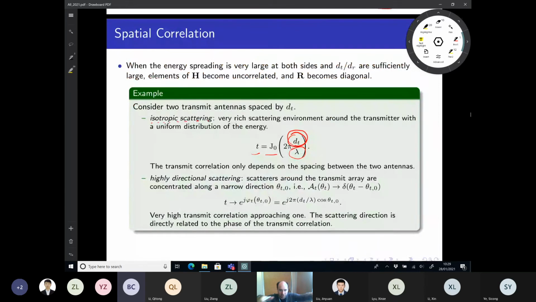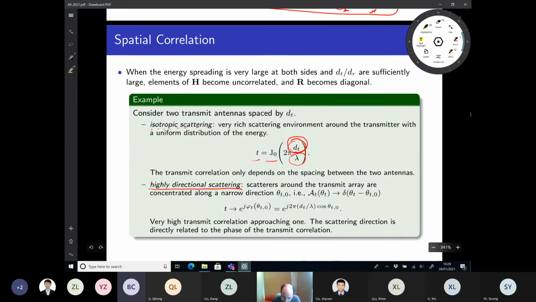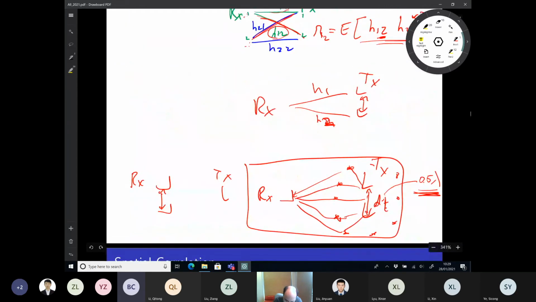This is really the handset case, because the handset is typically surrounded by many scatterers. Now, what if you have the opposite, highly directional scattering? It is the opposite scenario in the sense that you still have two transmit antennas, but you don't have scatterers all around.